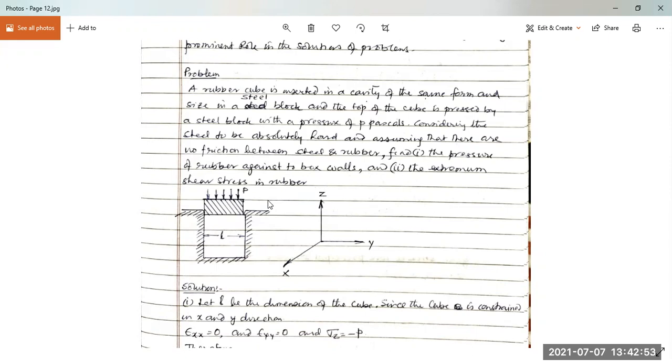So we have to find the pressure of the rubber against the box walls, and the maximum shear stress created in the rubber. It is evident that if you push this rubber from the top, it will face a shear stress on this surface and a shear stress on this surface.